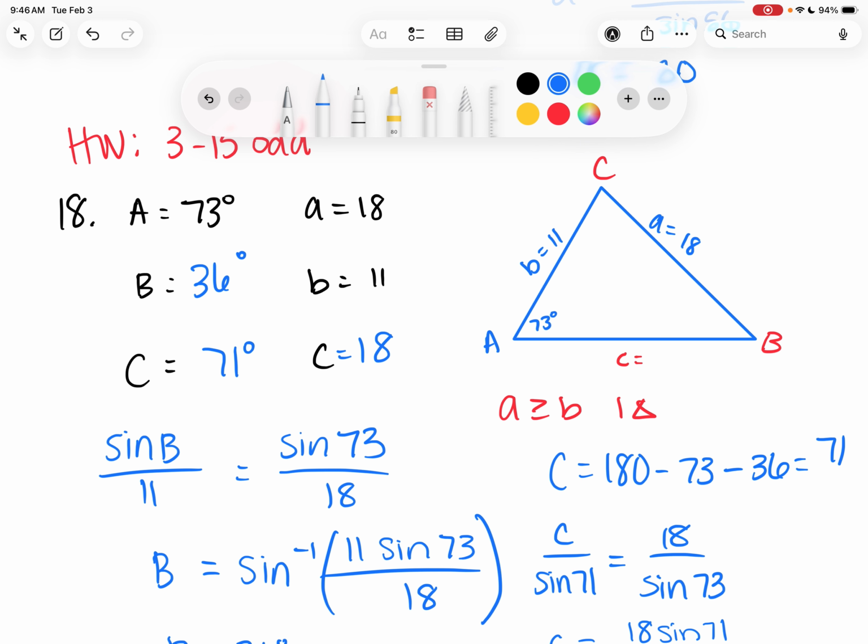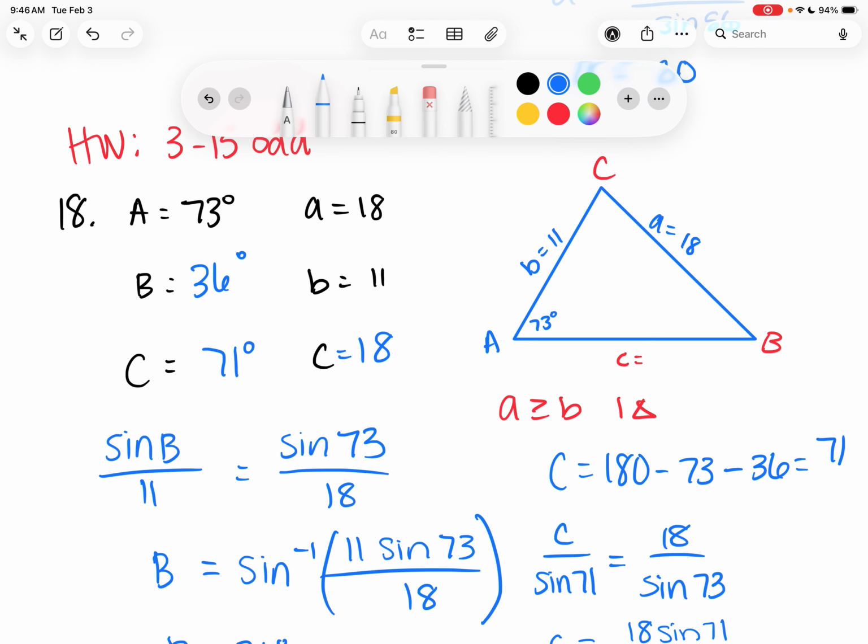Now, if you remember stuff from geometry about your sides and your angles, your smallest angle should have the smallest side, your biggest angle should have the biggest side. And that's still true. The reason, like what I was just talking about, that C is 18, even though the angle is different from angle A, is just because we've rounded.